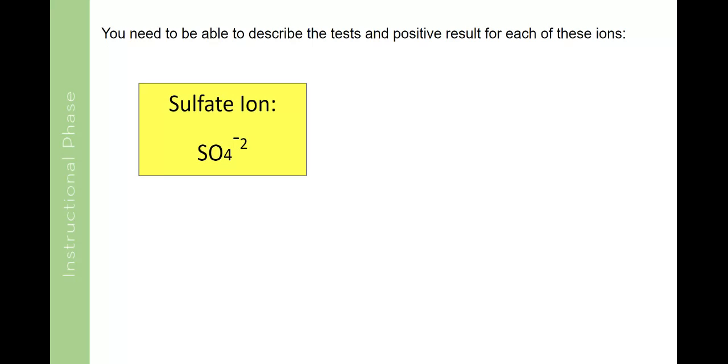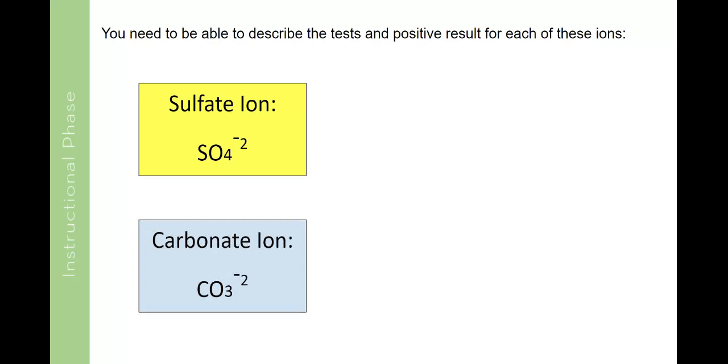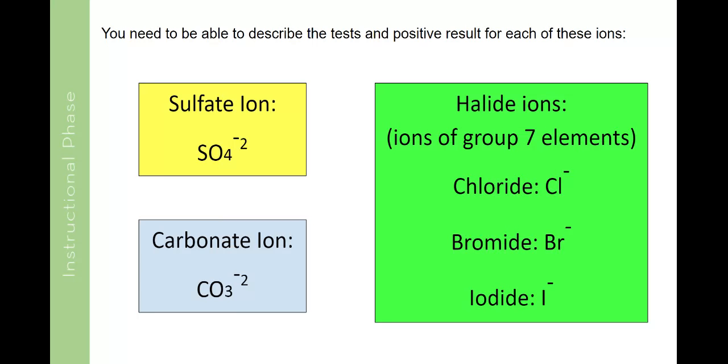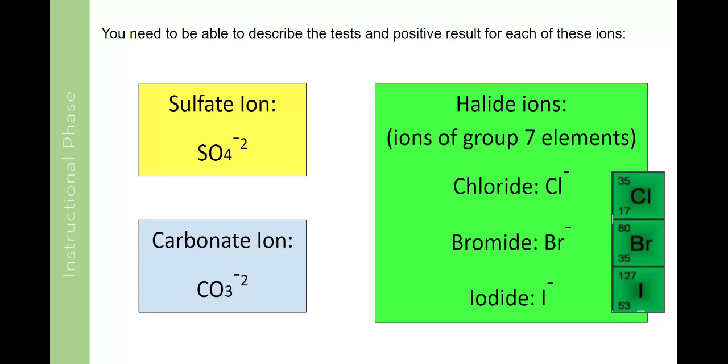So you need to be able to describe the tests and the positive results for each of these ions. Sulfate ion, SO4 2-. Carbonate ion, CO3 2-. And the three halide ions, chloride, bromide, and iodide, formed from chlorine, bromine, and iodine.